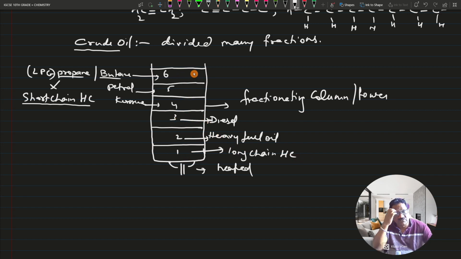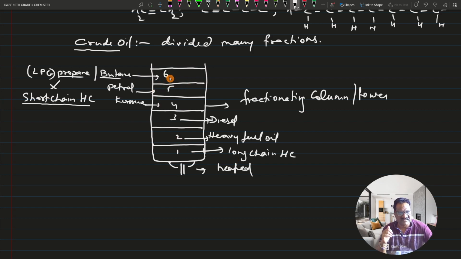All of these fractions have different boiling points, and because of this, the boiling of these fractions takes place one by one according to the temperature which is reached. So the first one to boil will be the one which has low boiling point.